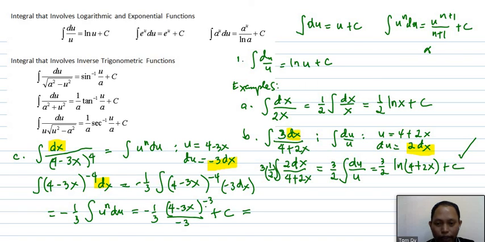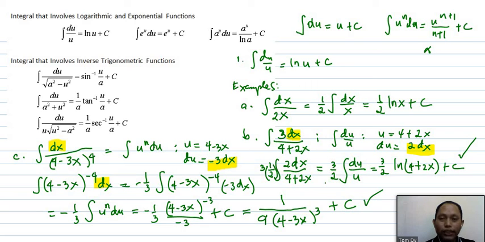Our final answer: negative 3 times negative 1/3 is positive 1 over 9. And since the exponent is negative 3, to make it positive we move it to the numerator. So 1 over 9, and then we have 4 minus 3x raised to positive 3 plus c. That will be our final answer for this particular problem.